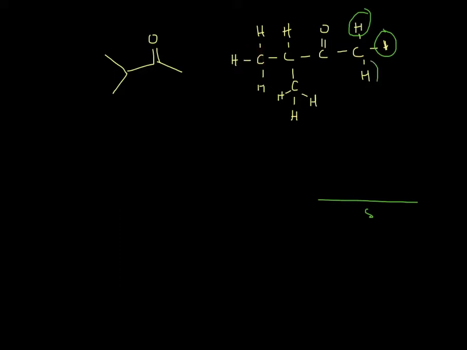If you compare them to the third hydrogen on that same carbon, it's in the exact same situation. It has the exact same amount of shielding. It's a hydrogen that's bound to a CH2, bound to a carbonyl, followed by an isopropyl group. Therefore, all three of these hydrogens would be in the exact same environment.